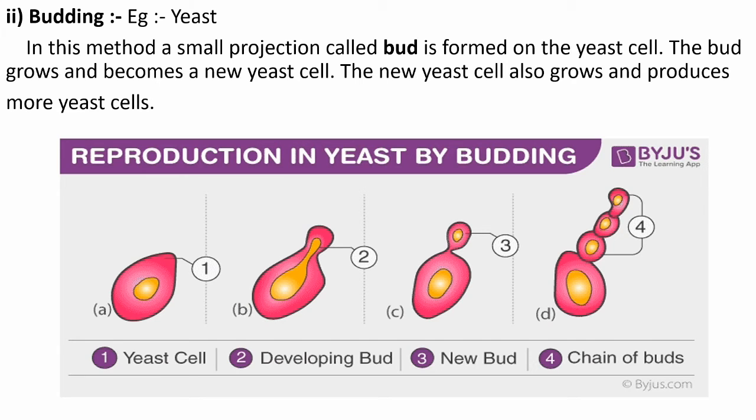It grows and becomes a new yeast. When it detaches itself from the parent, you have two different yeast organisms, the parent and the offspring coming from the same one. In such a way you can produce more yeast organisms.